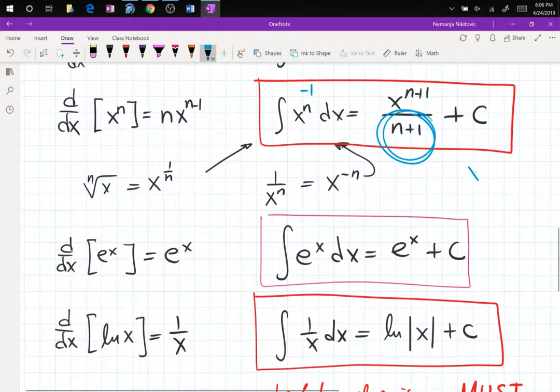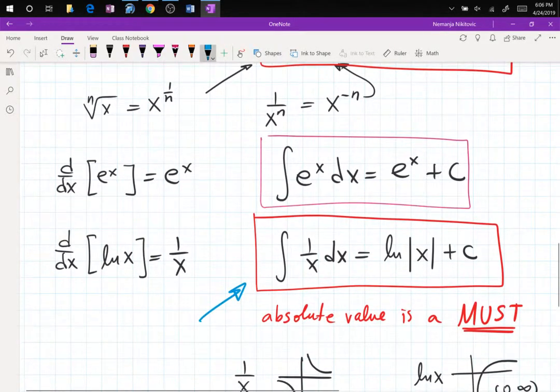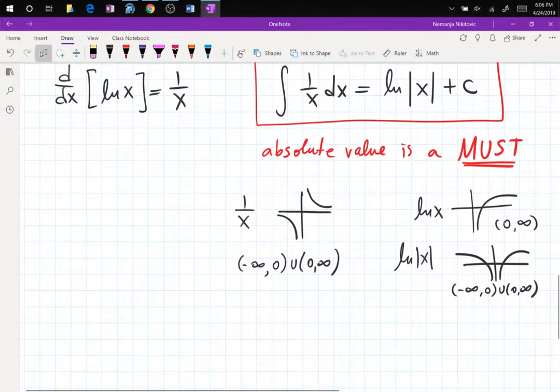You would have x to the 0 divided by 0, and that's an explosion, right? So very, very convenient for that negative 1 exponent to show up and give us ln on the other end. So that's that. All right, the next one.